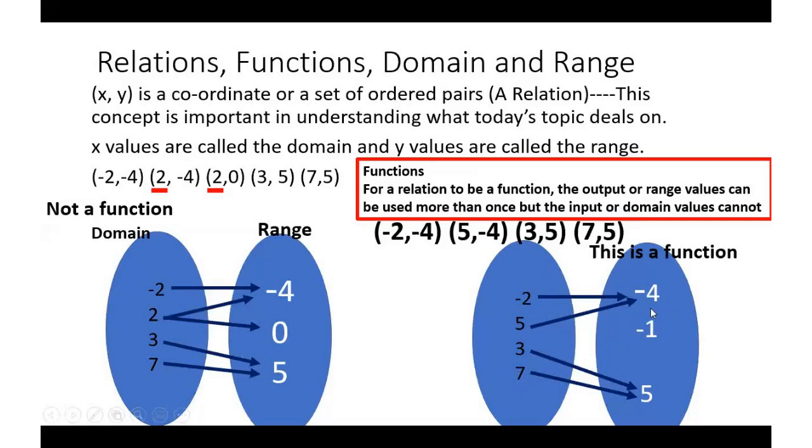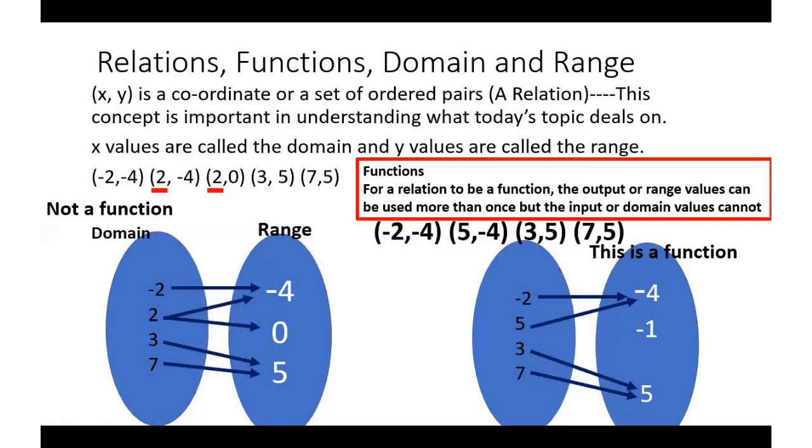It is a function. Now, with that basic understanding, we know that the domain element is associated with each range element here. From here, you can clearly see that understanding domain and range, understanding relations and functions is quite important, but your understanding of coordinates or sets of ordered pairs must be very solid, so you don't get it all mixed up.